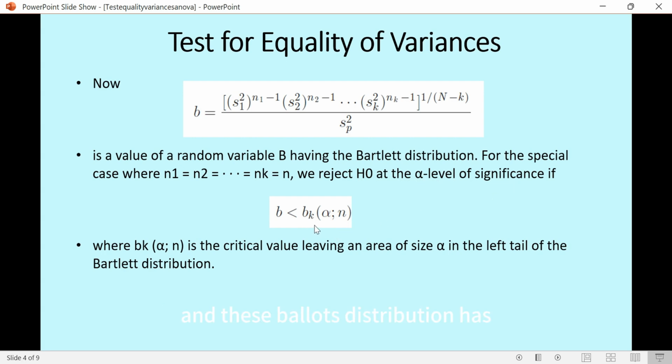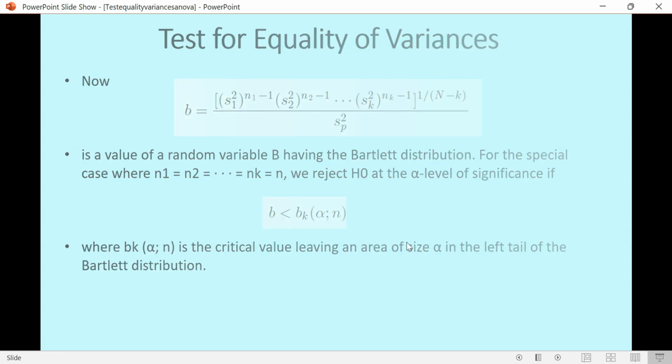This Bartlett's distribution has one significance level and one sample size. Note that in Bartlett's test we reject H0 if the test statistic is located on the left tail of Bartlett's distribution.